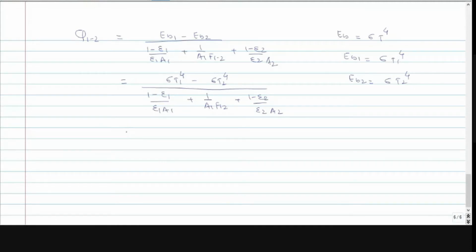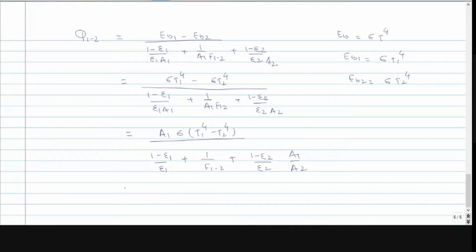So now if I multiply A1 with all the terms, it becomes A1 sigma (T1 to the power 4 minus T2 to the power 4) divided by (1 minus E1) upon E1. A1 is cancelled out. Again, A1 cancels, so I get 1 upon F12 plus (1 minus E2) upon E2 into A1 divided by A2.